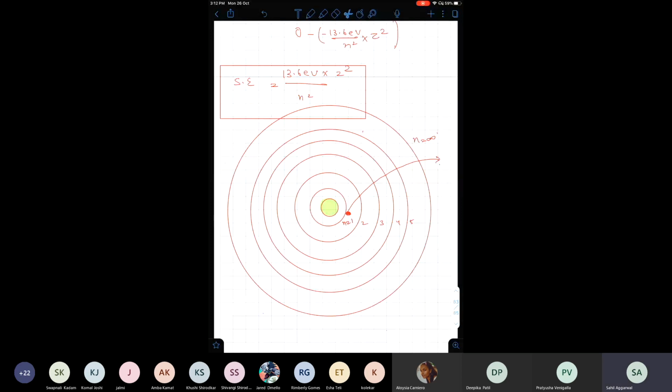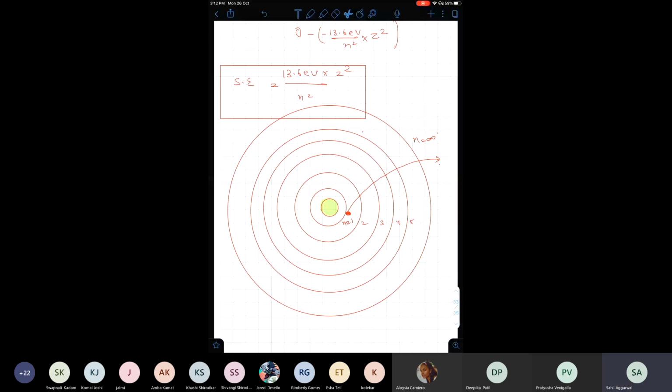Ionization. This energy is ionization energy.